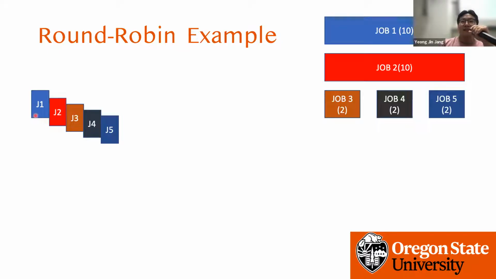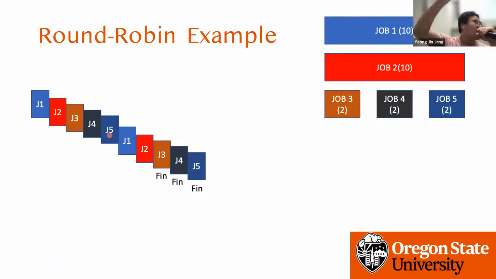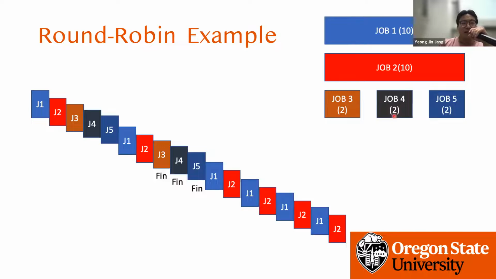In this case, it just runs one time quantum for each. Once each process has had one quantum, it rolls back and gives it again and again. Then after receiving 2 time quantums, these jobs will retire, and we will let the other jobs finish.